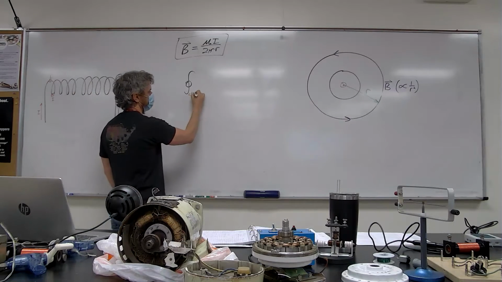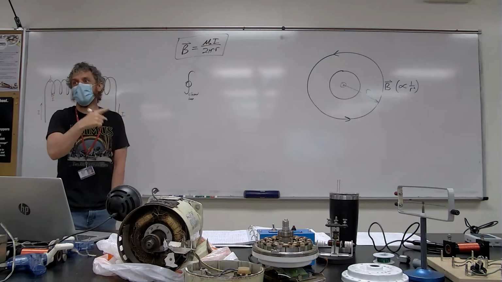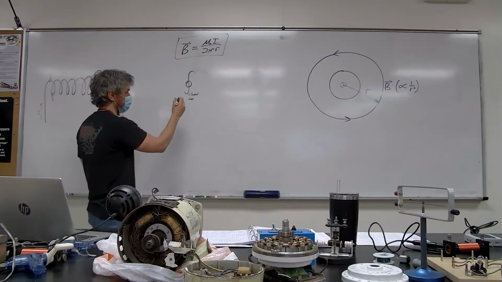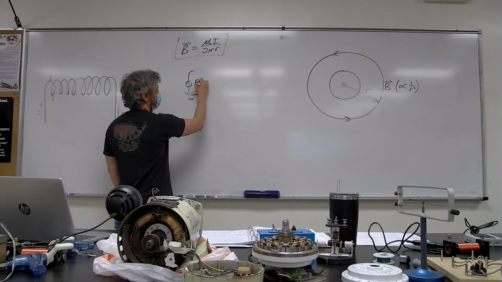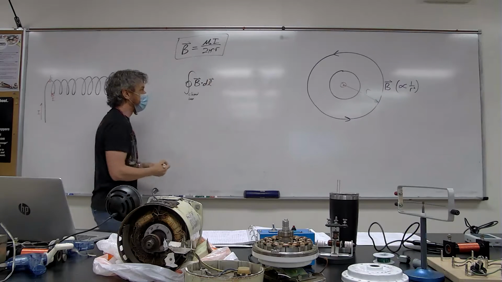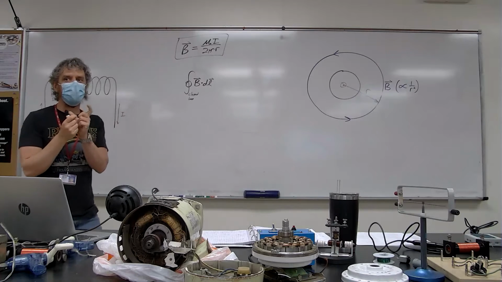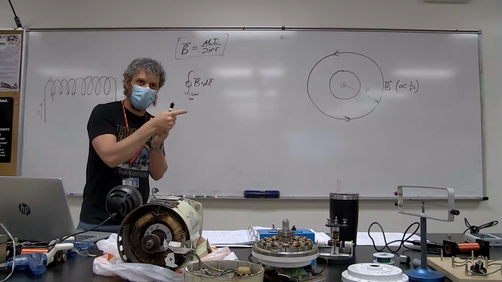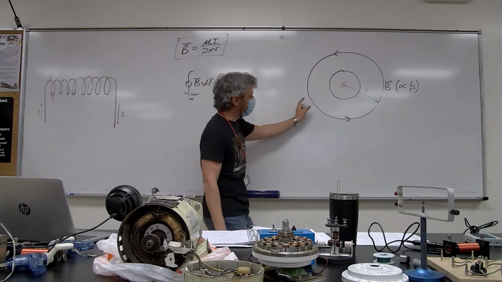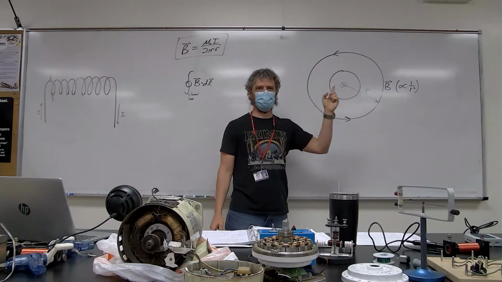You might write it like this. It's not written on the formula sheet like that, but that's what the little circle stands for. It's a closed loop of the magnetic field, dotted with the dl, and dl is now not a segment of wire that carries current. It's just an infinitesimally small segment of our Amperian loop, okay?